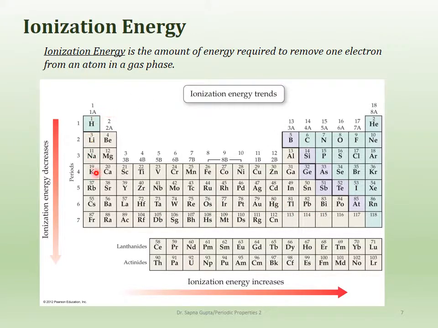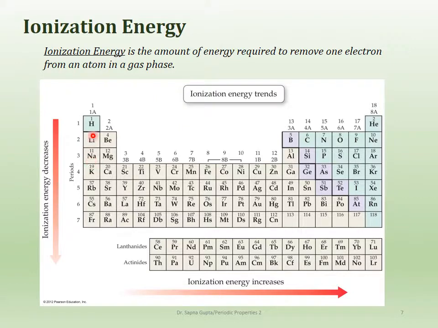So we get all of these elements in gas phase, and then you measure what the ionization energy is. And it is the energy required to remove one electron. And usually you remove this one electron from the valence shell, from the outermost shell. So we're not talking about the innermost. You start from the outer, and then you work your way inside.